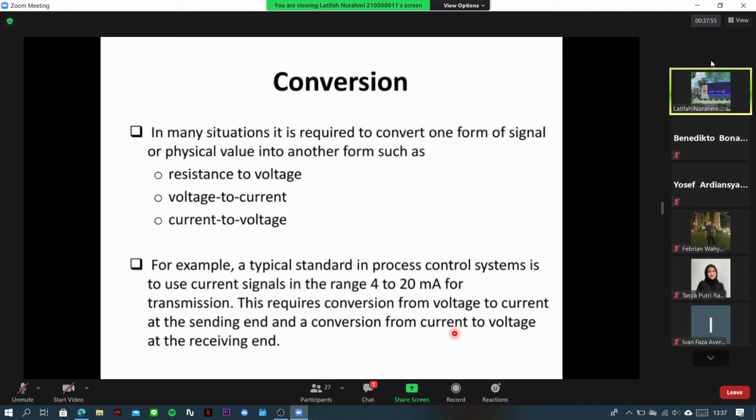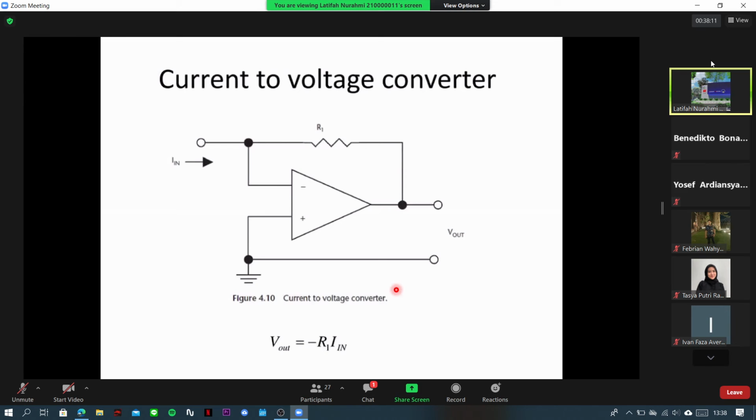If the current signal is at the input and you want voltage at the other end, at the output, then you need to convert it. So here's one example of a current to voltage converter.